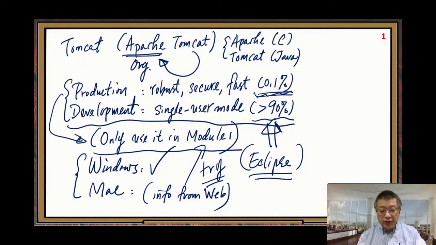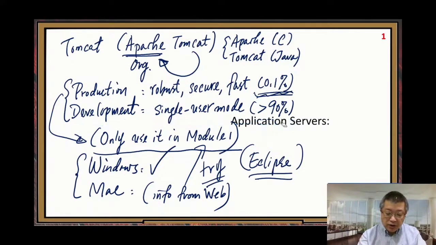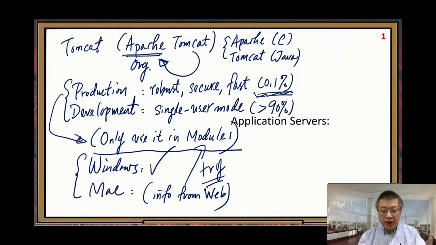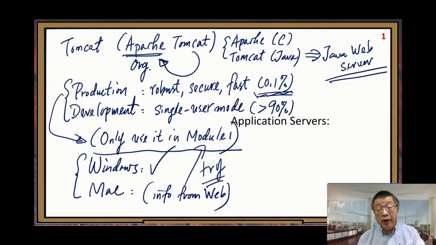Second, I also want to talk about another important piece of information related to application servers. Remember, in the previous video, I talked about application servers. Our Tomcat is not an application server. The Tomcat we call a Java Web Server. We cannot call it an application server. The reason is very simple: it is not that powerful.